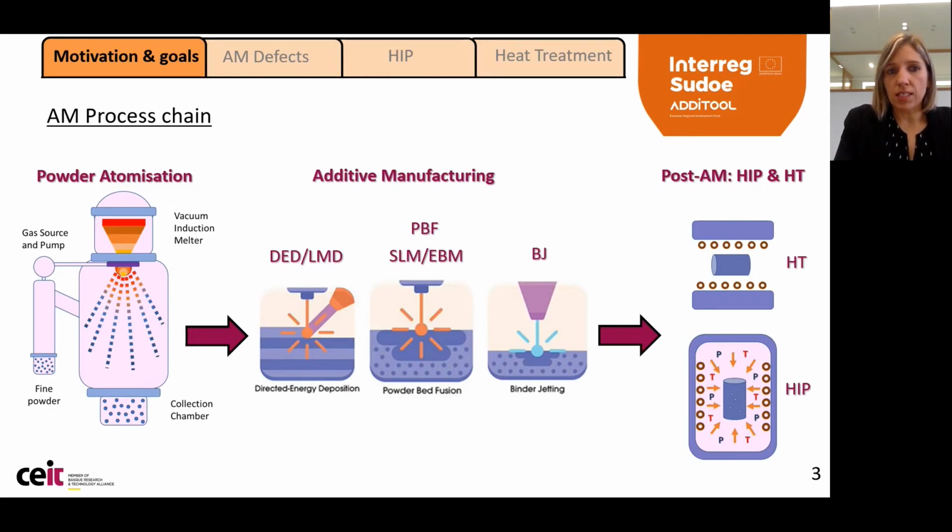So I will start showing what I mean with the AM process chain. In this case, we are not only talking about the additive manufacturing technologies itself, but we are starting from the powder atomization that Professor Alejo has recently shown a very nice presentation about. And then finishing in the post-processing step. So the idea is that after all these steps, we have to have a material with good properties and meeting the requirements for different applications.